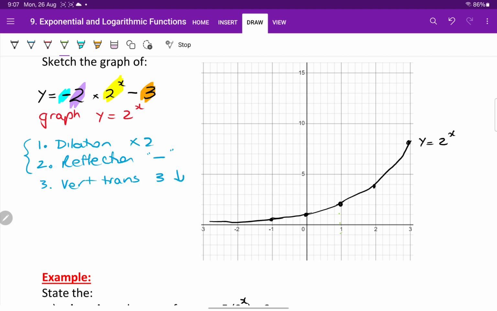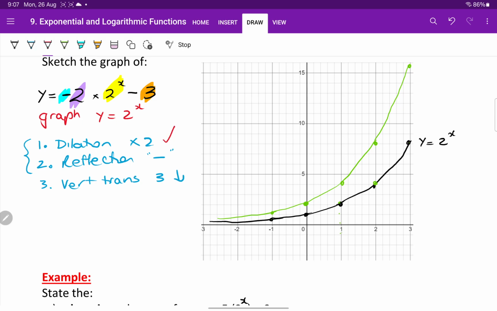Let's do our dilation of 2. So every point here, I'm going to double. So 1 will become 2. A half will become 1. 2 will become 4. 4 will become 8. 8 will become 16. Okay, so here is my, I've just done this one here.